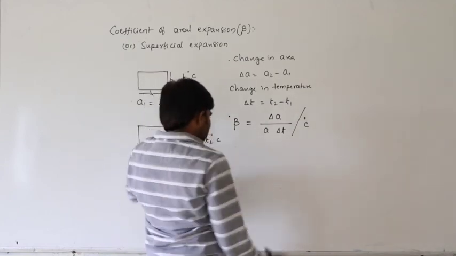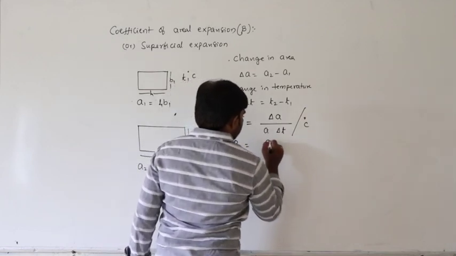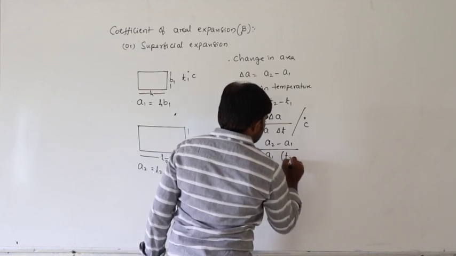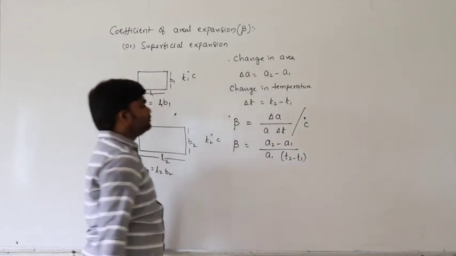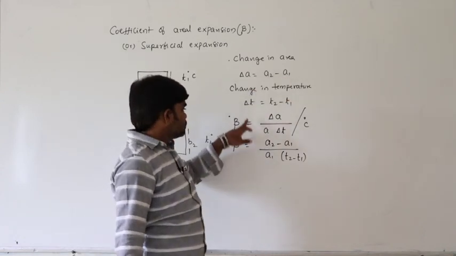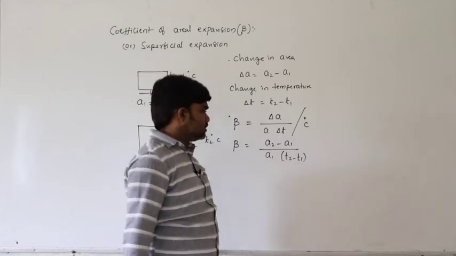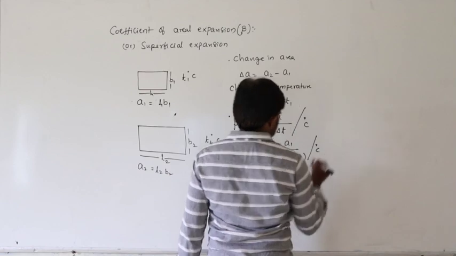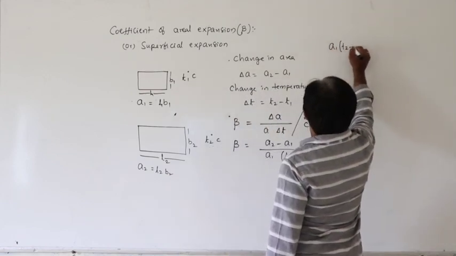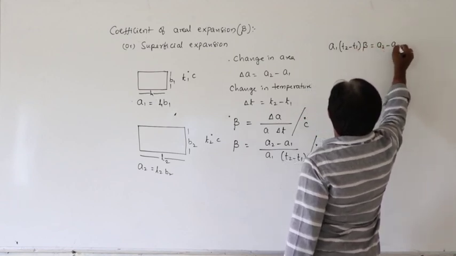So now this can be written as beta is equal to delta A, in this A2 minus A1, divided by A1 into delta T, that is T2 minus T1, per degree Celsius. Delta A is the change in area, A2 minus A1, A1 is the initial area, into the temperature difference T2 minus T1. Or this can be written as A1 into T2 minus T1 into beta is equal to A2 minus A1.